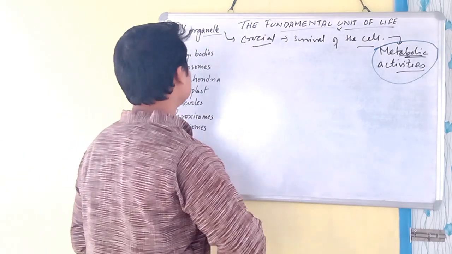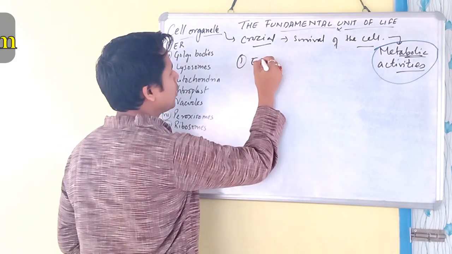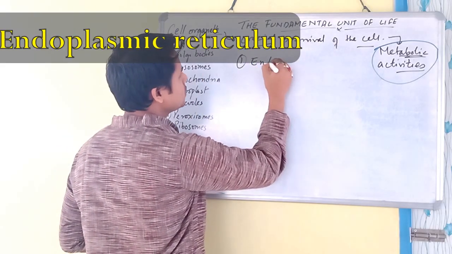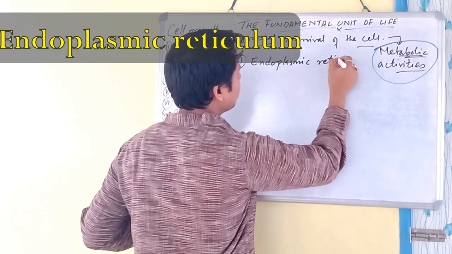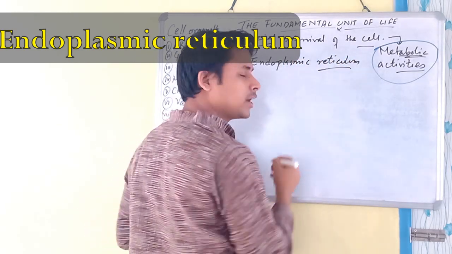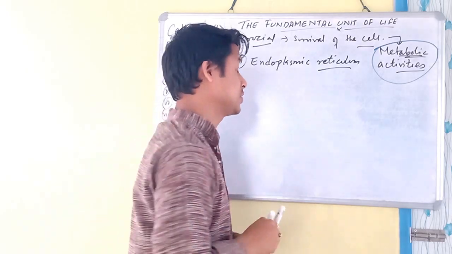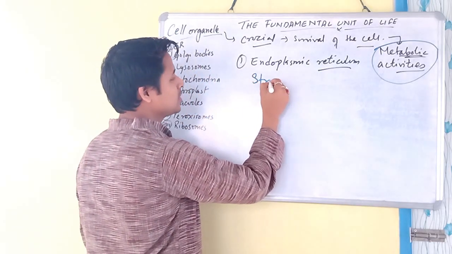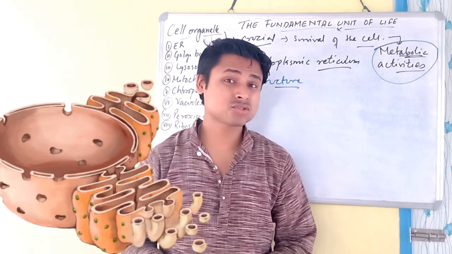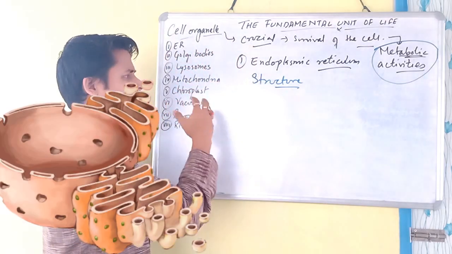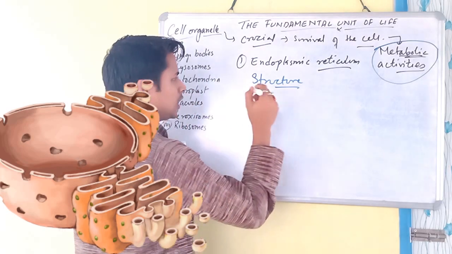First we will consider the endoplasmic reticulum. Yes, ER means endoplasmic reticulum, right, clear? So first here we will see the structure of this endoplasmic reticulum. Yes, we have to understand what the structure is.